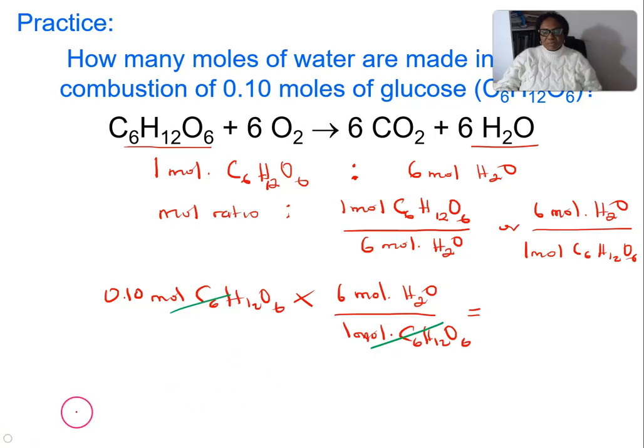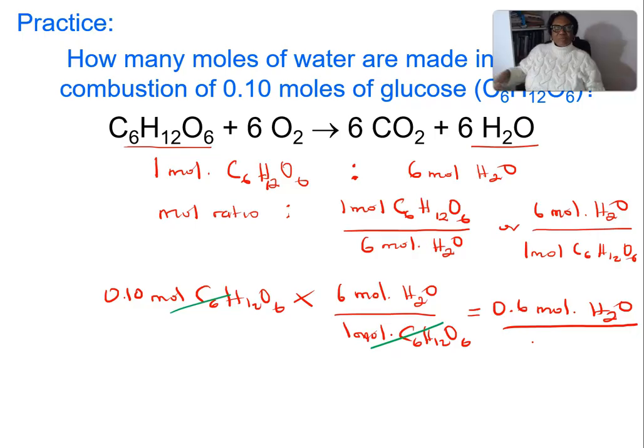Then we multiply 0.1 by 6, so we are going to have 0.6 moles of H2O. So please make sure you practice and practice and practice.